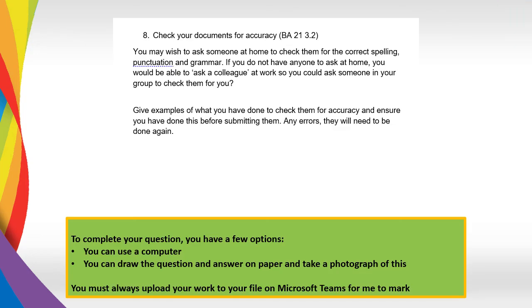So you need to check your documents for accuracy, and then you need to give examples of what you've done to check them for accuracy before submitting them, because any errors you're going to need to submit them again. Some examples of how you could do this: you could ask somebody at home to check the spelling, punctuation and grammar. If you've not got anybody at home, you could ask a colleague at work, so somebody in your group could check them.